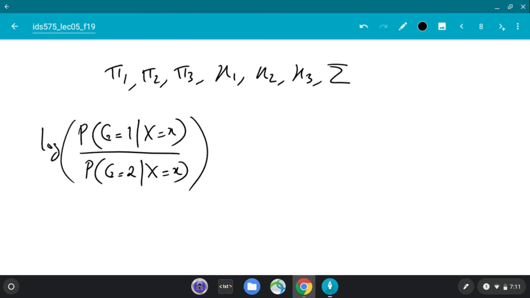I'm just asking what is the log of the ratio of the probability of g1 given x to the probability of g2 given the same feature x. At a given point, I'm just asking what is the ratio of these probabilities. Of course, both of them have to be greater than 0, for simplicity.